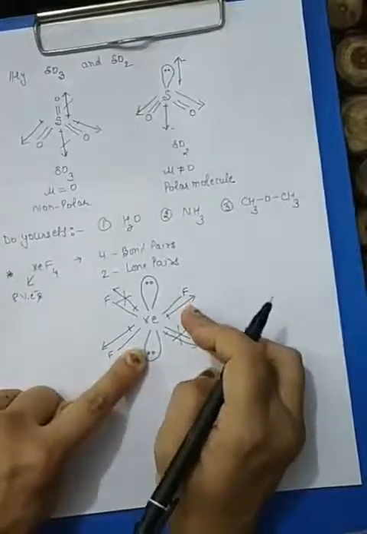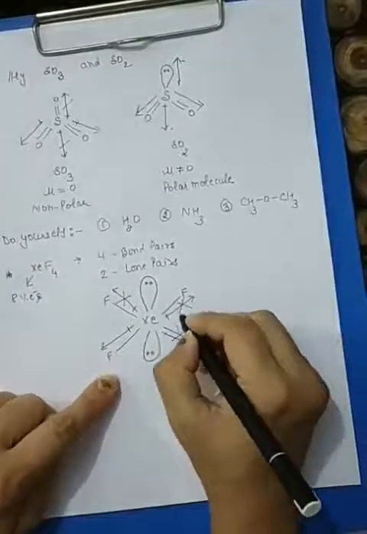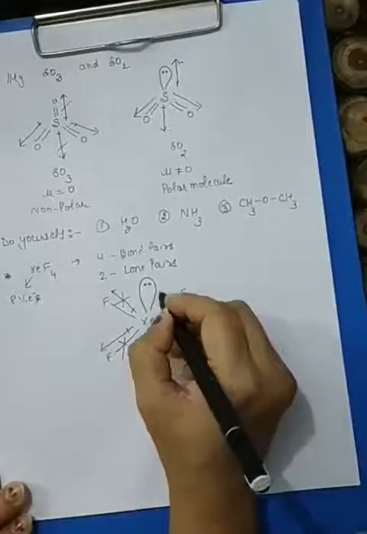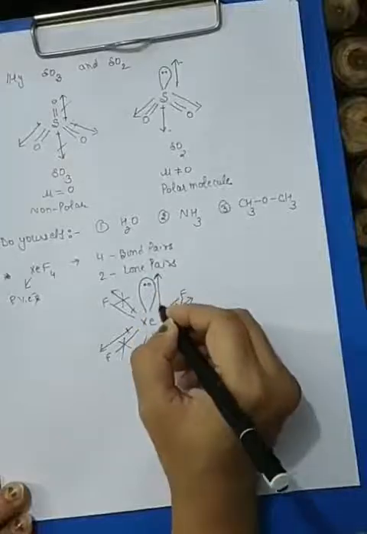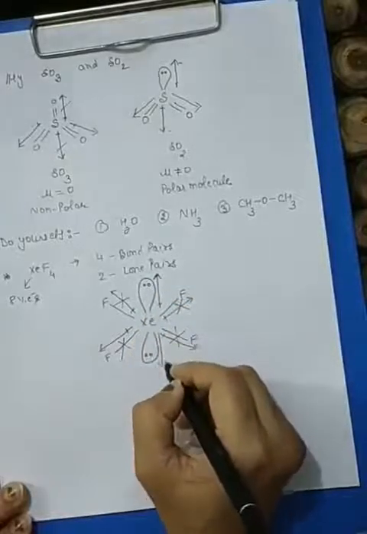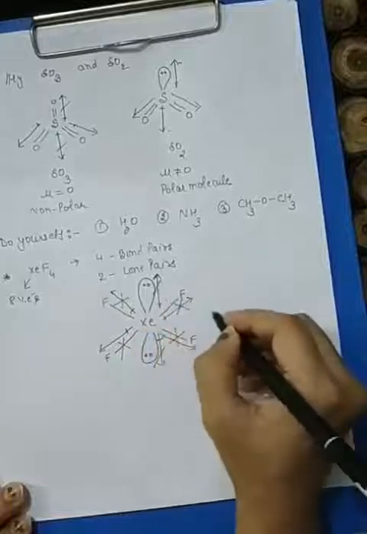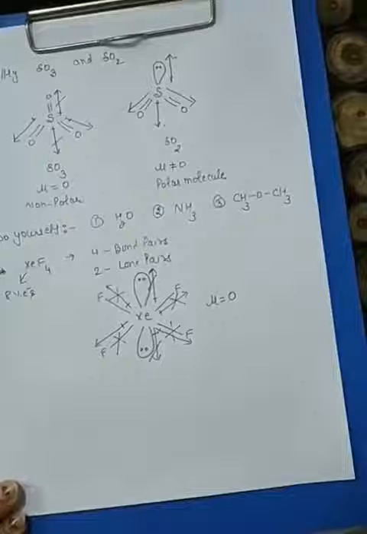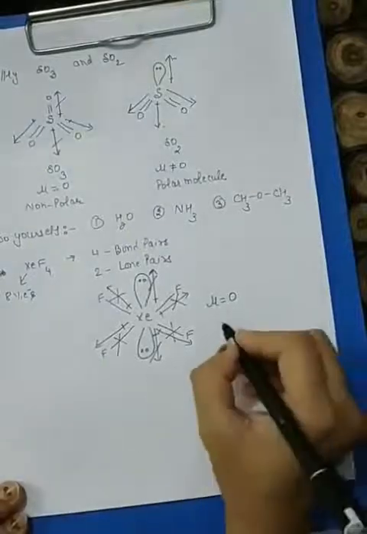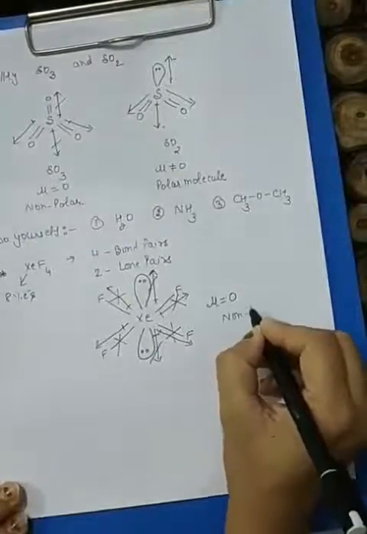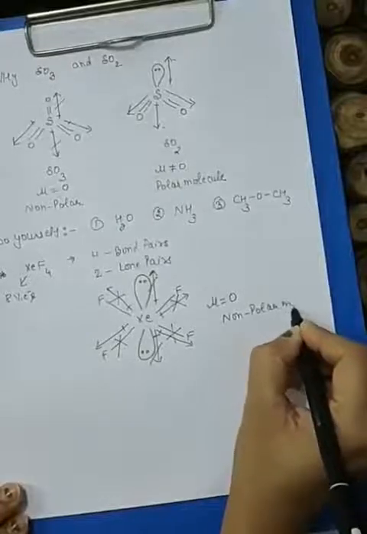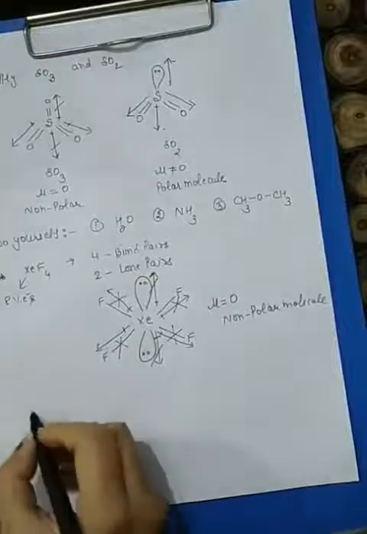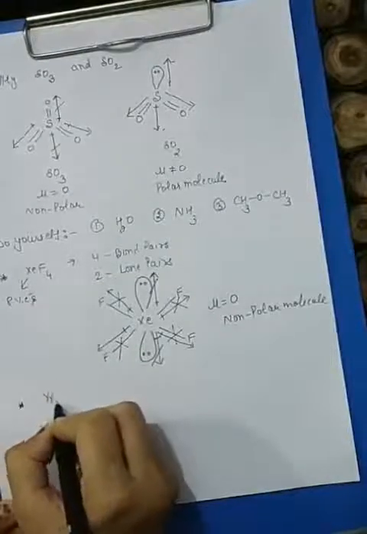Similarly, with these two bonds, their dipole moments are opposite, hence they cancel each other out. And the same with these lone pairs, this one is pointed upward and this one downward. They cancel out. For this type of molecule, mu is equal to 0. Hence, this is a non-polar molecule, isn't it?